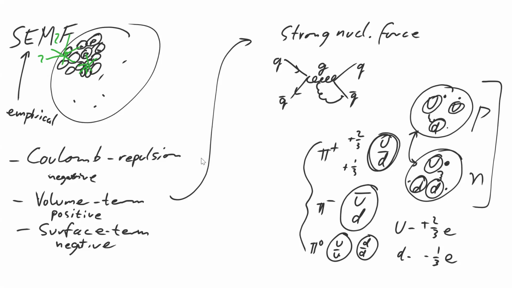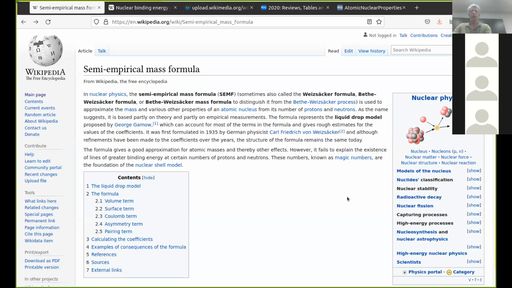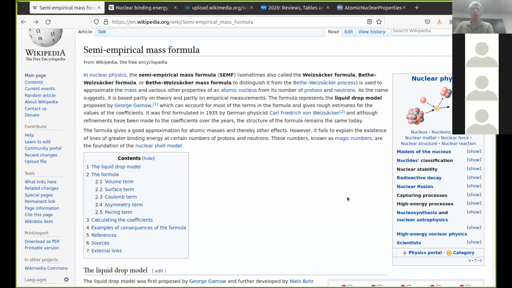Let me actually be lazy here and talk about the other terms using a readily available resource, namely Wikipedia, because it's actually accurate and not all that bad.